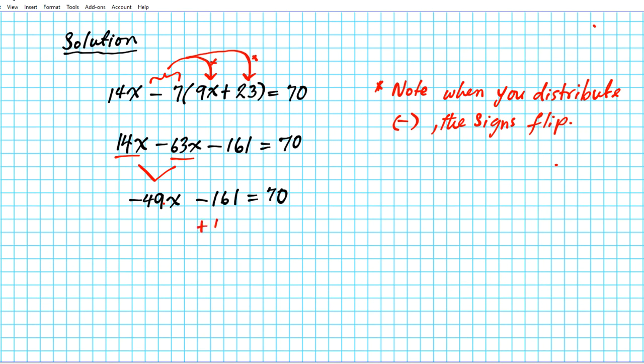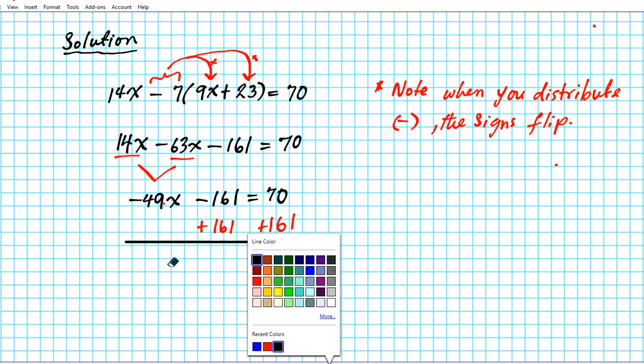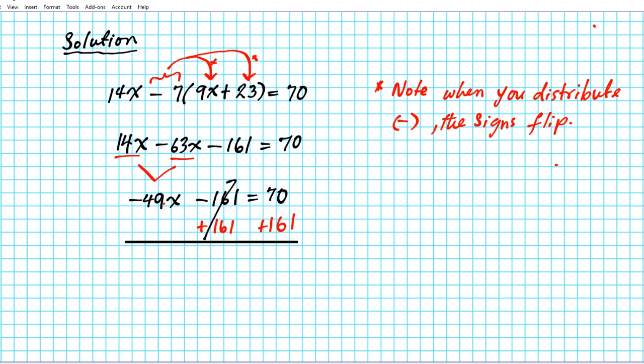We add 161 to both sides first, as though you're doing PEMDAS backwards, you add and subtract before you multiply and divide in the process of solving the equation. So this side right here, they add up to 0. So that yields negative 49x is equal to 70 plus 161.